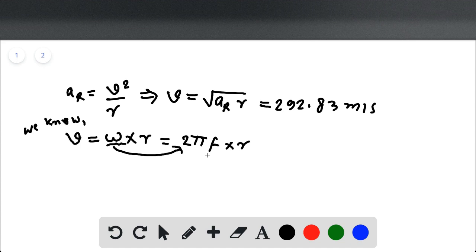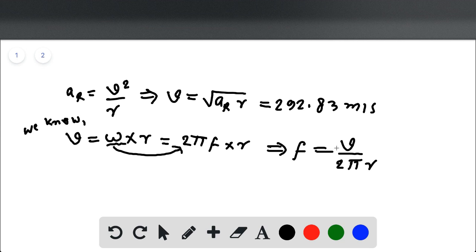So from here, we can find the frequency, f, to be equal to V over twice pi R. All right, so we know the linear velocity, and then we divide by twice pi times the radius.